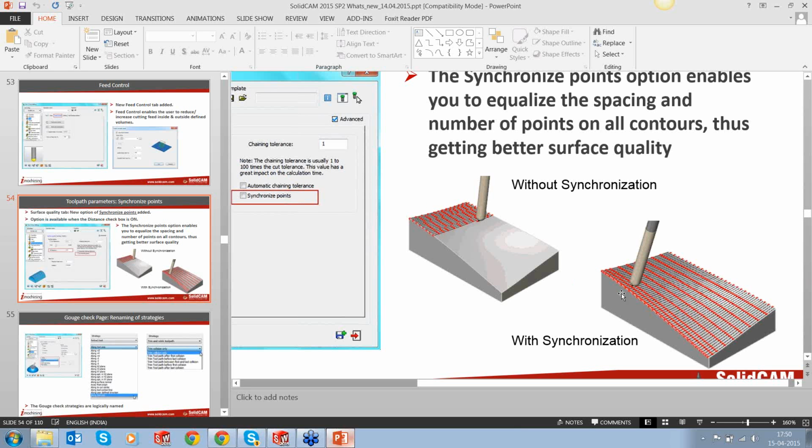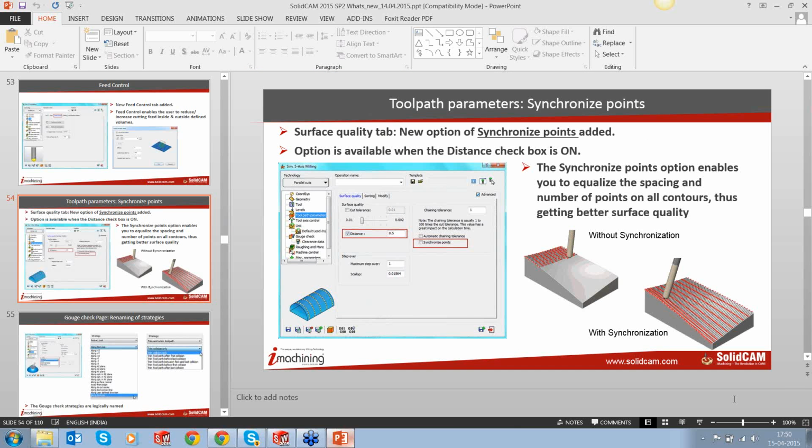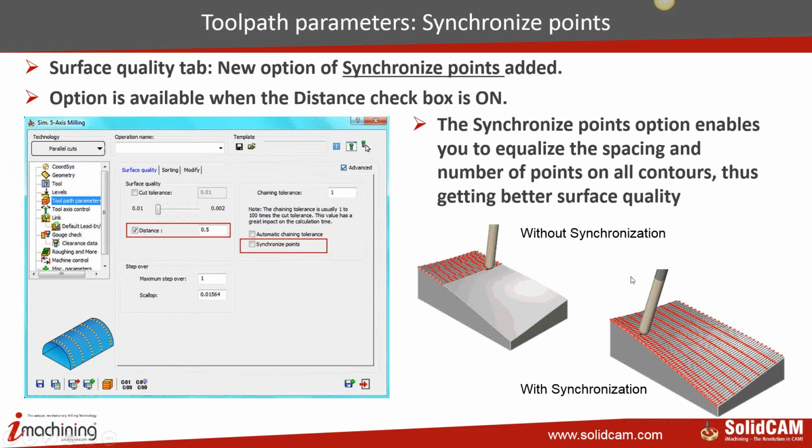So it is very important to note this extremely important feature, that when you use the synchronization of points, you get much better surface quality because the distribution of points is equalized over the entire toolpath. Right. Let's go to the next option.